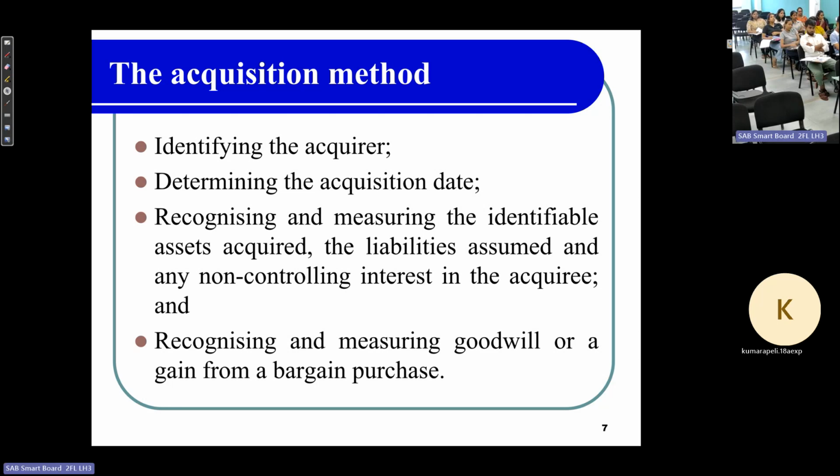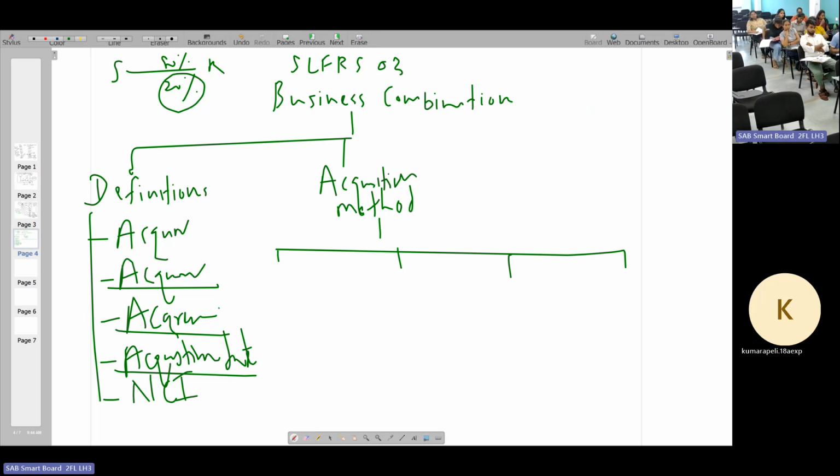Acquisition method. There are four steps in the acquisition method. First, identify the acquirer.